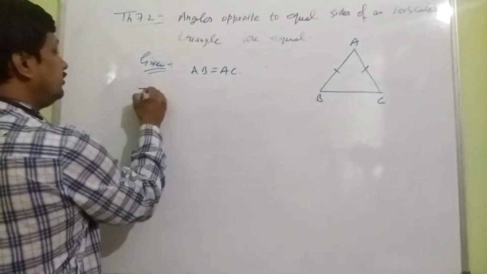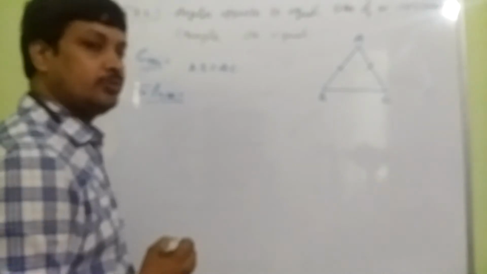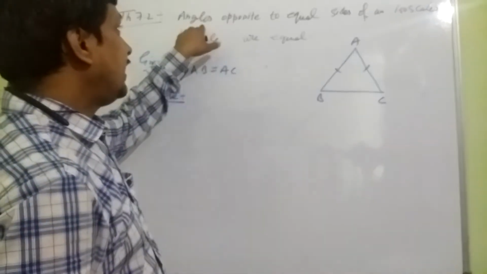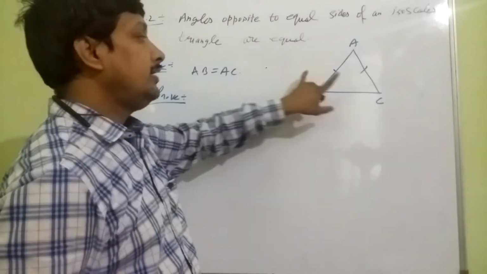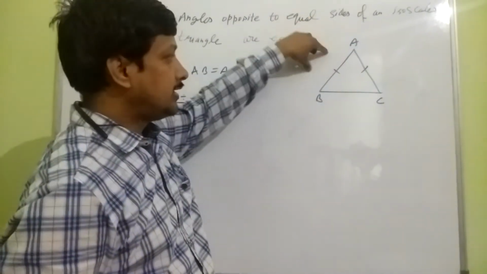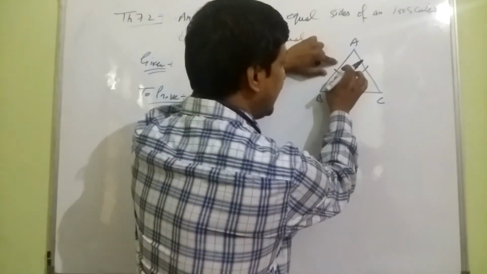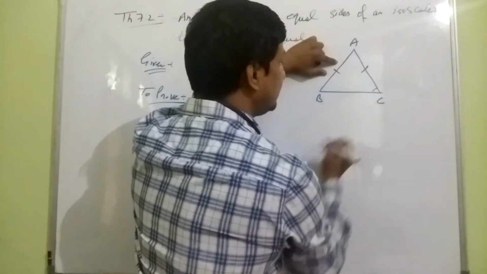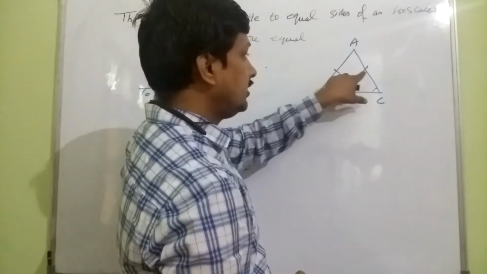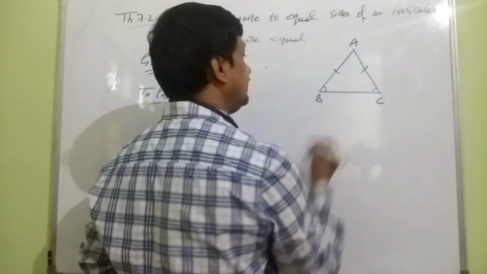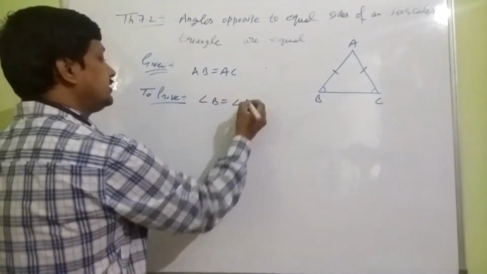If in an isosceles triangle two sides are equal, then their opposite angles are also equal. So we have to prove angle B equals angle C.